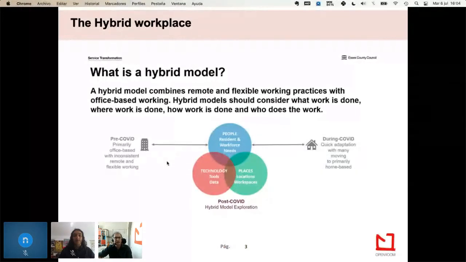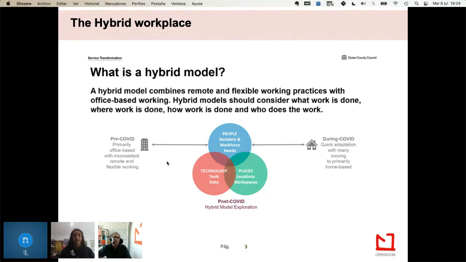What we call the hybrid model is a model that combines remote, flexible working and office-based working. The pre-COVID period was primarily office-based, then came the pandemic, and now we are in the post-COVID hybrid model exploration.